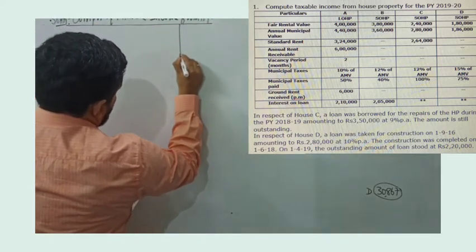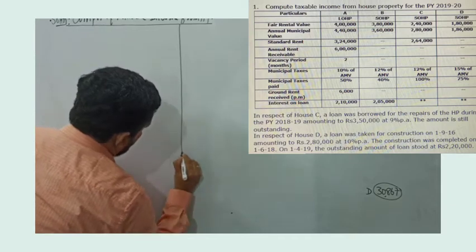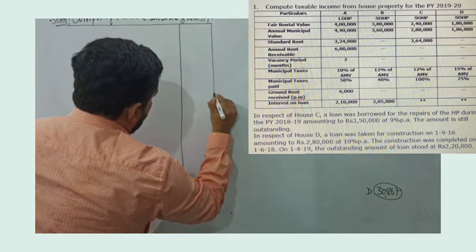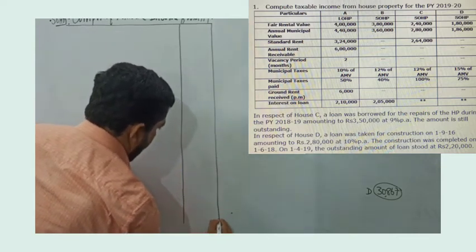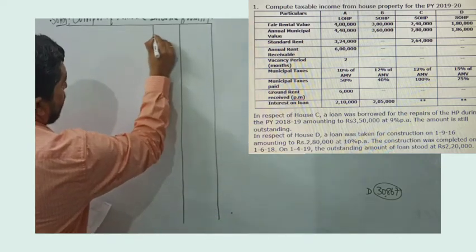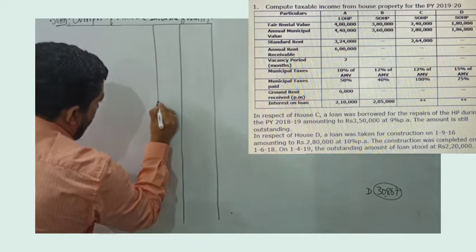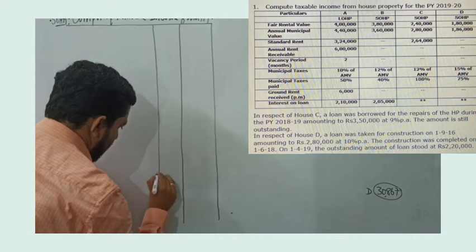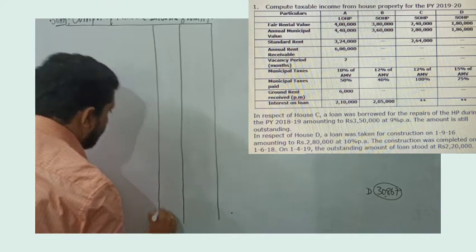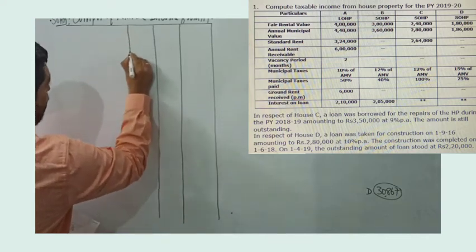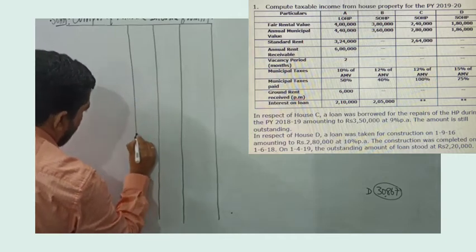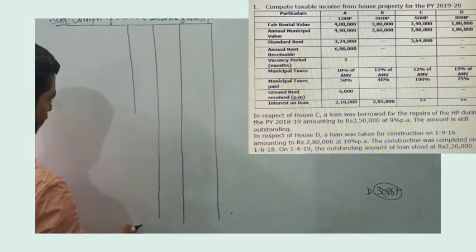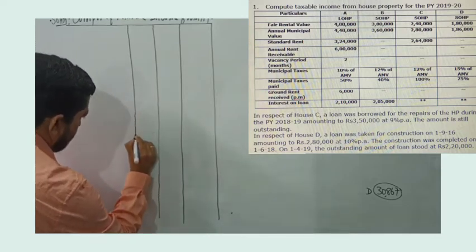So what I will do is, I will prepare 3 amount columns. I will need 3 amount columns. So this is the first amount column, the second amount column, and we will take the third amount column for our computation of taxable income from house property.